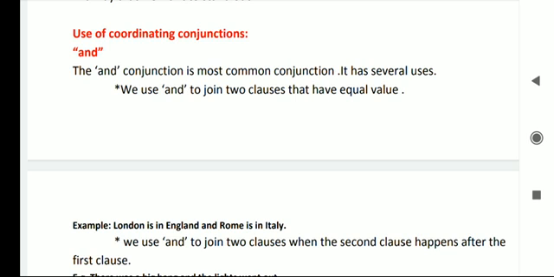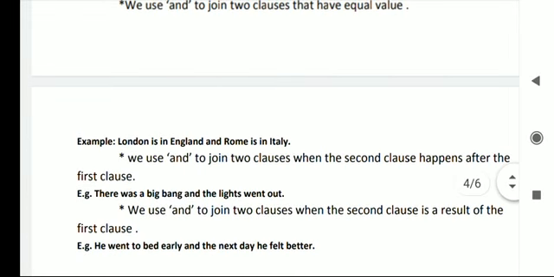We use and to join the two clauses that have equal value. वो दो clauses and से हम join करते हैं जिनका value एक है, that have equal value. For example, London is in England and Rome is in Italy, right? So इसी तरह London is in England and Delhi is in India, right?